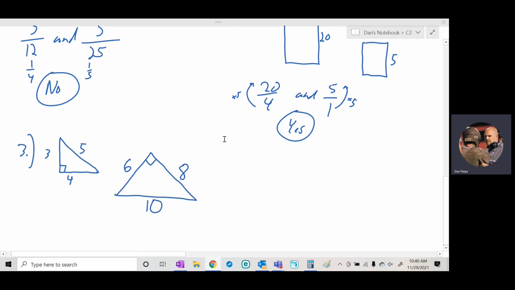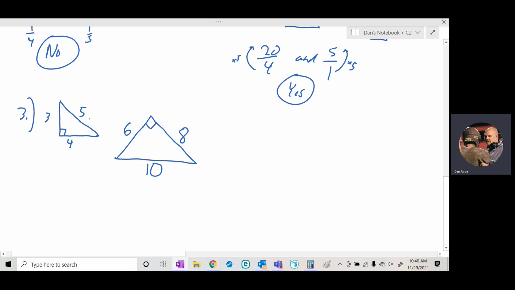Here's the thing about this when you're setting this up to make a match. You should think of them not as left, right, up, and down. Think of it like the small side or the small leg, the medium, and the large. Small, medium, and large. So if I did this, 3 to 4, what would be the ones that match with 3 and 4? What matches with 3? 6.